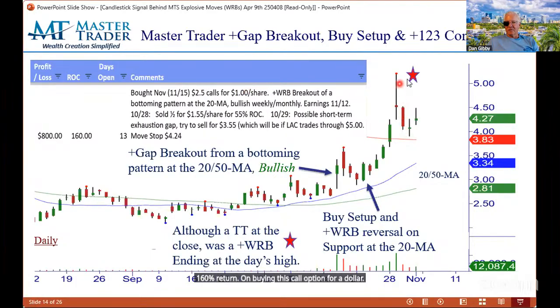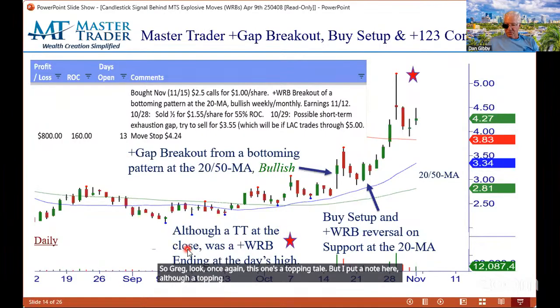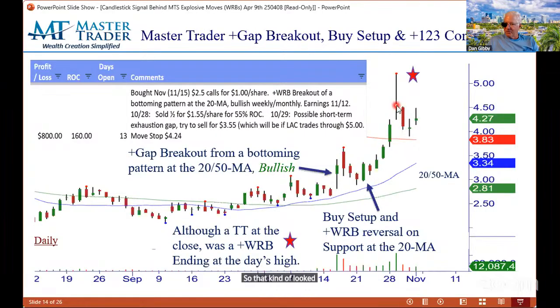So Greg, look, once again, this one's a topping tail. But I put a note here: although a topping tail at the close, it was a wide range ending bar at the day's high. What I mean by that is it opened up here, so that kind of looked like a short-term exhaustion gap, right?